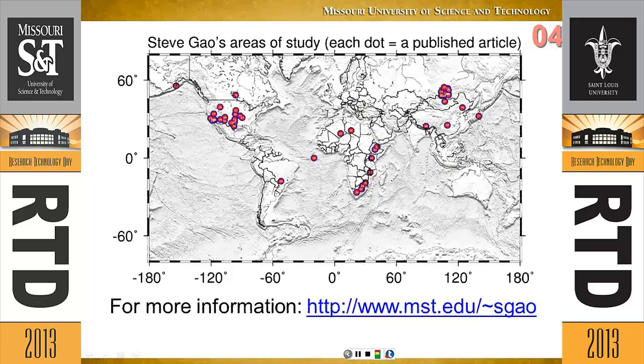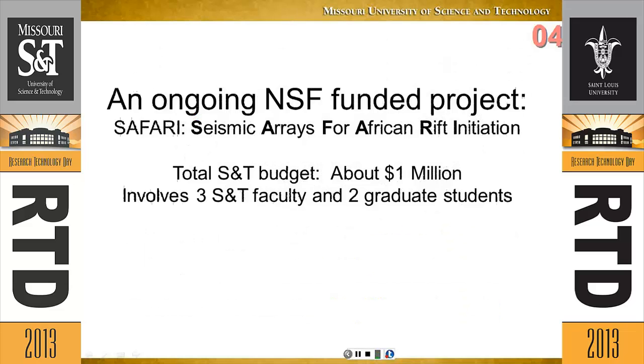As a result, we did a lot of publications on different parts of the world. Each of those I just put as an article. Okay, so part of the project we are working on. We have several projects going on, but one of them we call SAFARI. That's Seismic Arrays for African Rift Initiation.